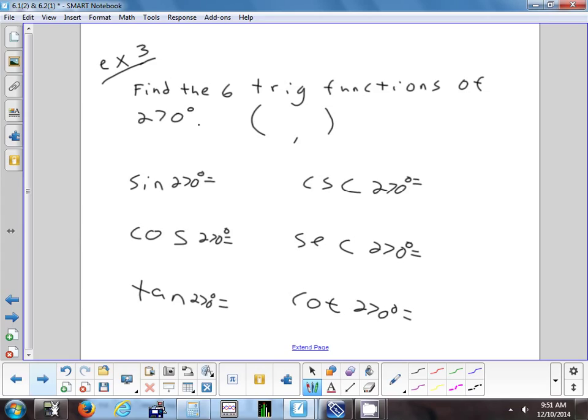What would your coordinate for 270 be? Yeah, 0, -1. Okay, I'll leave the plugging in and going through that part up to you. But that's how you do it. X is 0, y is -1. Fill them in.